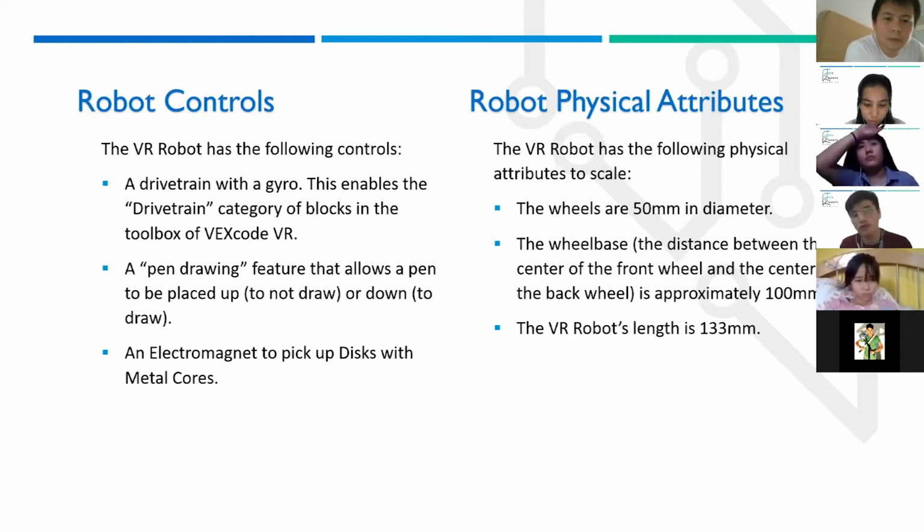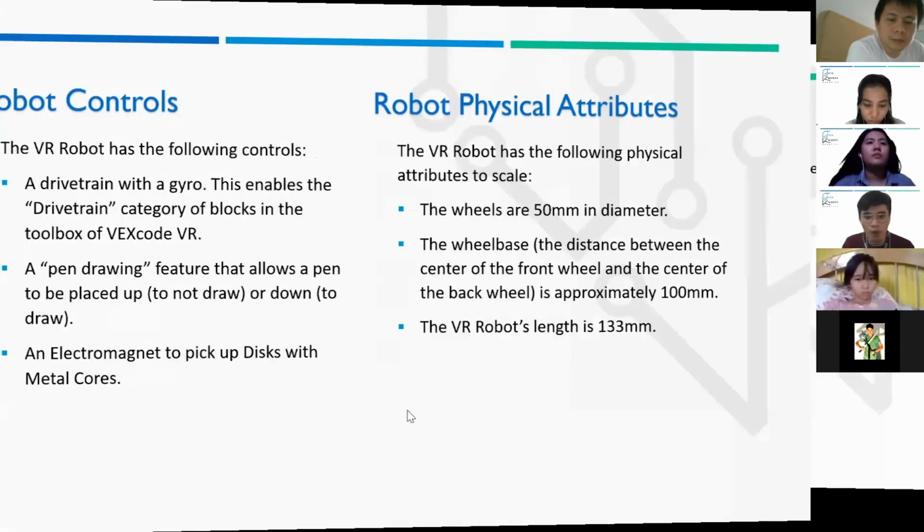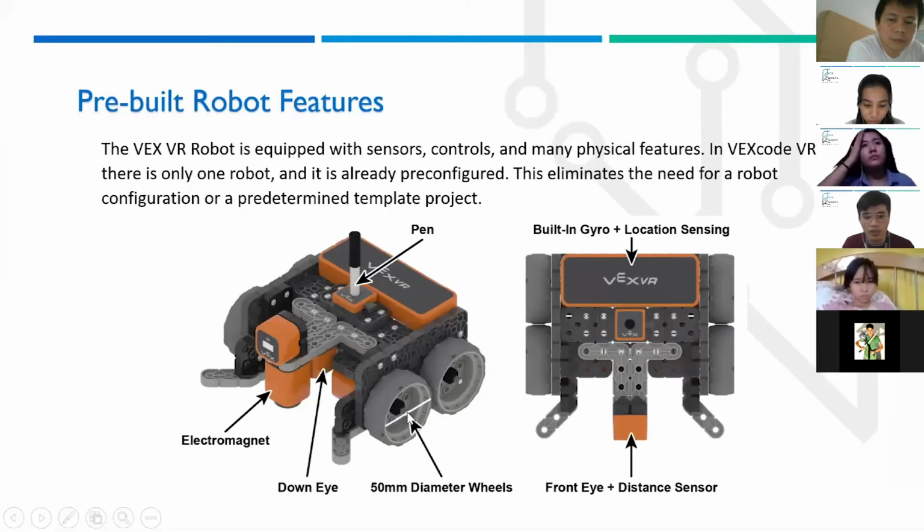Now let me go through the physical attributes of our robot. It has a 50 mm wheel diameter. From the center of the front wheel to the center of the rear wheel is 100 millimeters.